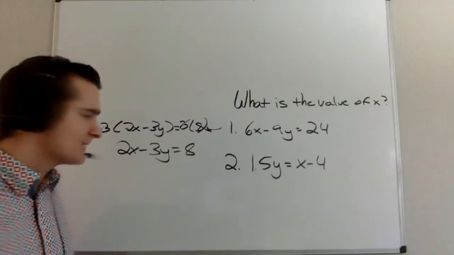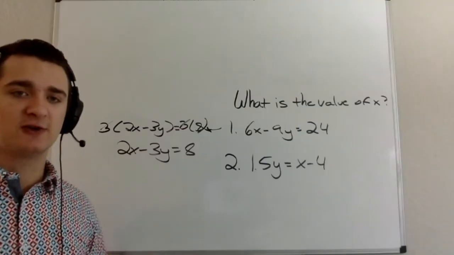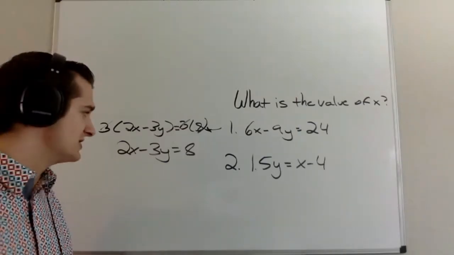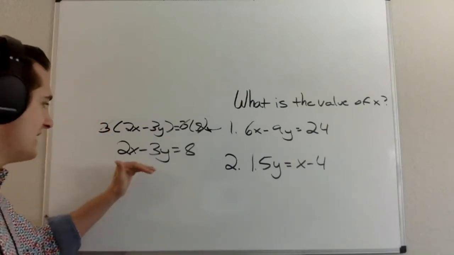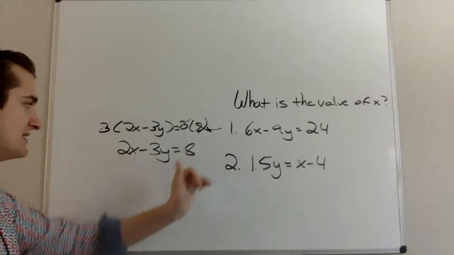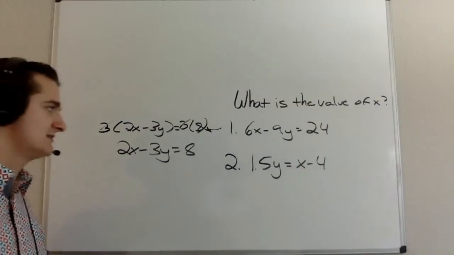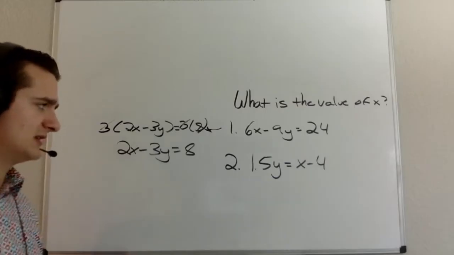And so an inefficient way to solve this would be to take this a step further and try to do substitution here. However, I could just leave statement 1 like this, and I can look at statement 1 and say, okay, if 2x minus 3y is equal to 8, I've pushed that plenty far enough. I know I'm not going to be able to get to a solution.